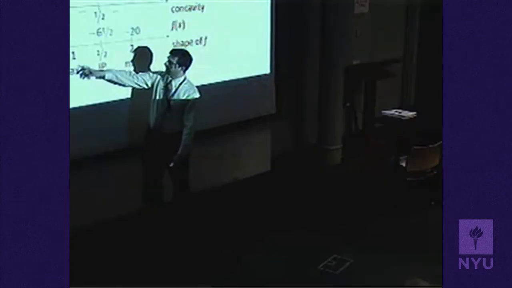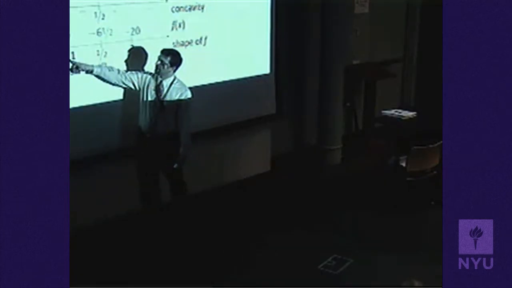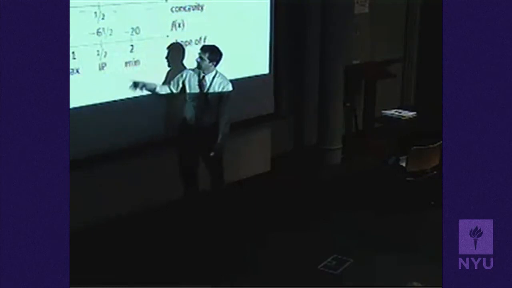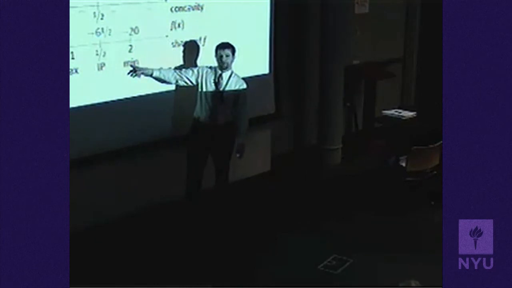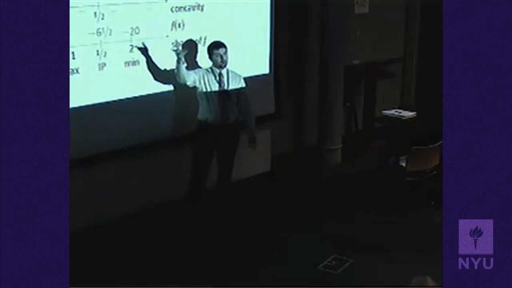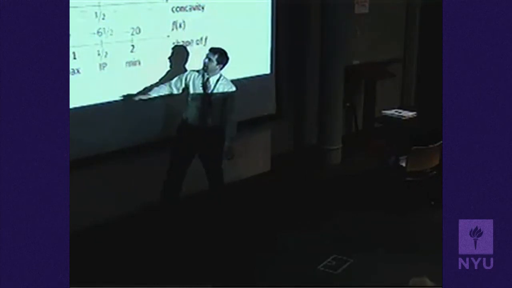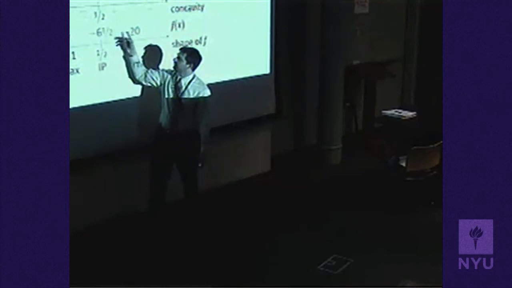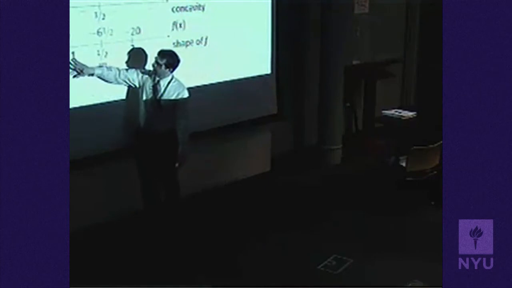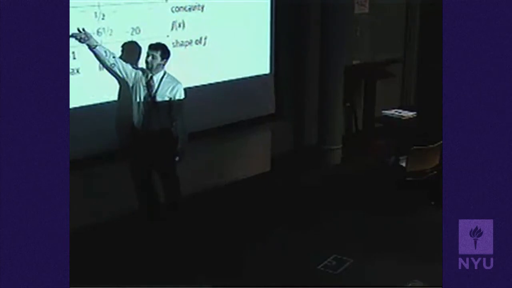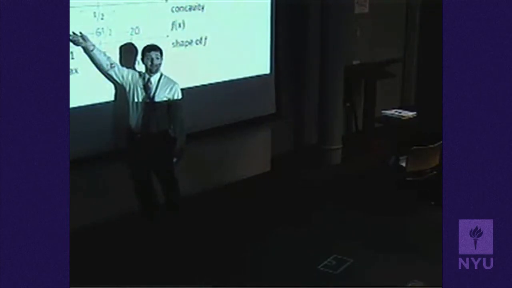So these are the points that I know are important. -1 is a local max, 1/2 is an inflection point, and 2 is the local min. And because I'm going to graph values of the function, it helps to put the values at these points up on top of that number line. So this says that at -1, 7 is a local maximum value.